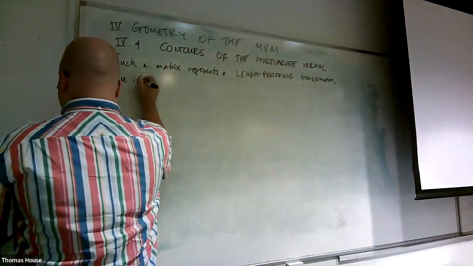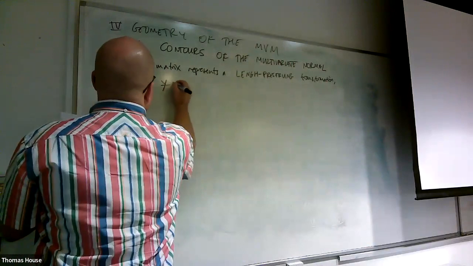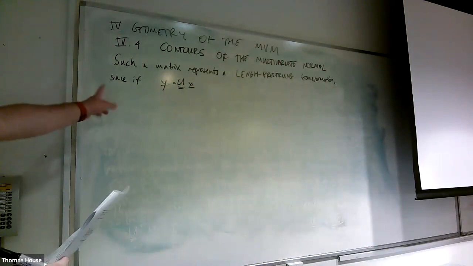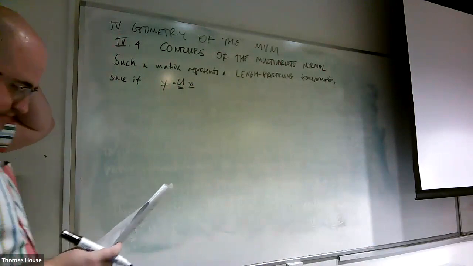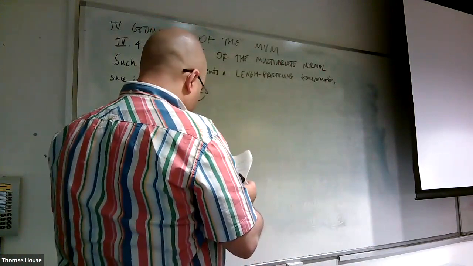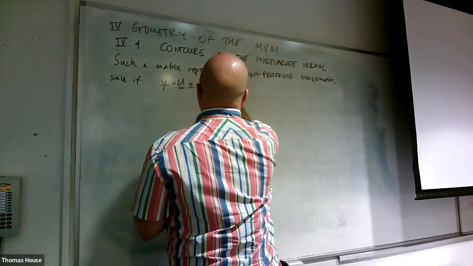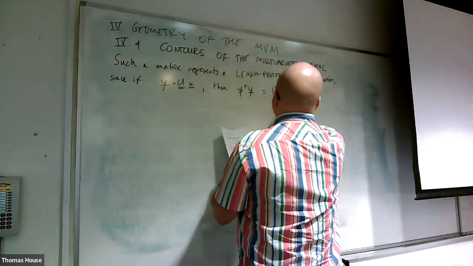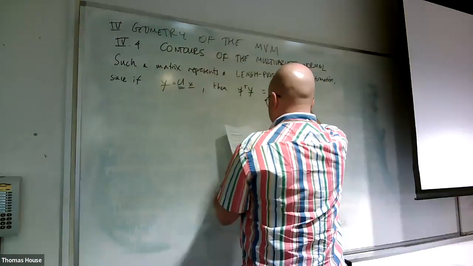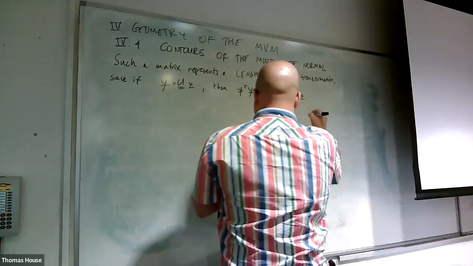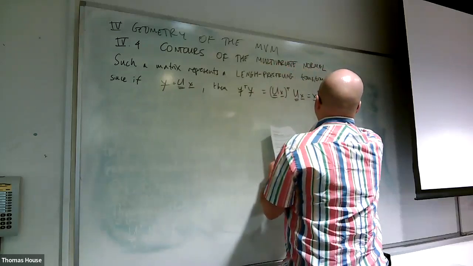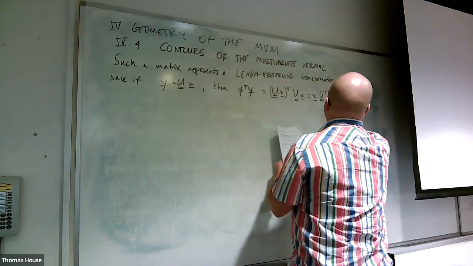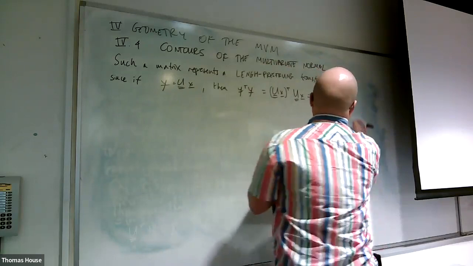Since if y is U times x, right? So y is x transformed under U. Then y transpose y is (Ux) transpose Ux, which is x transpose U transpose U x, which is x transpose x, because U transpose U is equal to I. Yeah.